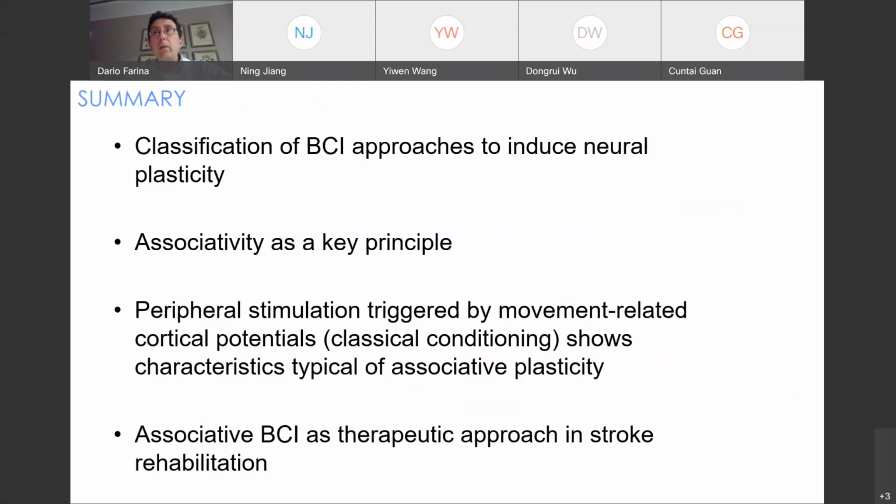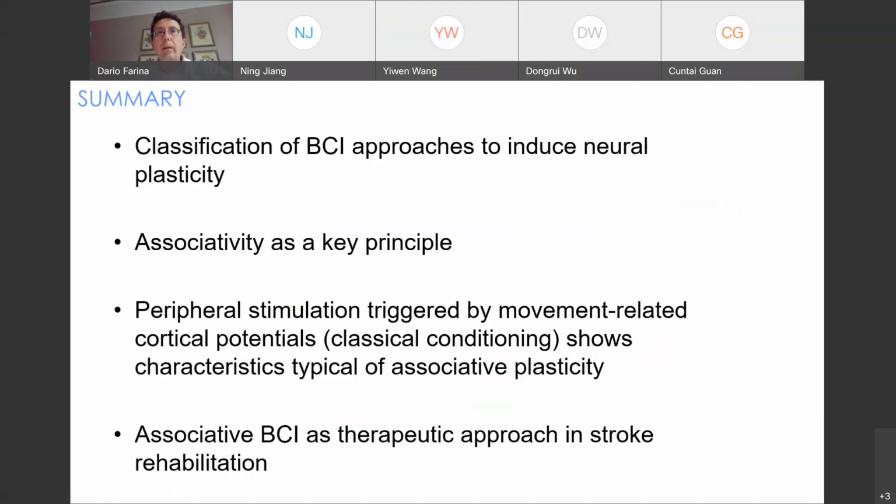As I said, it's not the ultimate taxonomy, and certainly different approaches may come in between the discrete classes that we define, but it's useful for somehow putting the research in this area within a clear schematic mechanistic classification. I've then discussed associativity as a key principle in the use of BCI or in the design of BCI for inducing plasticity. And after that, this was a bit of a broad introduction.